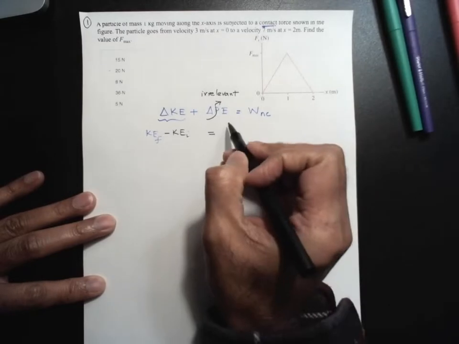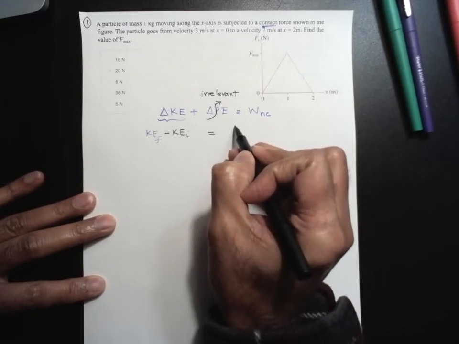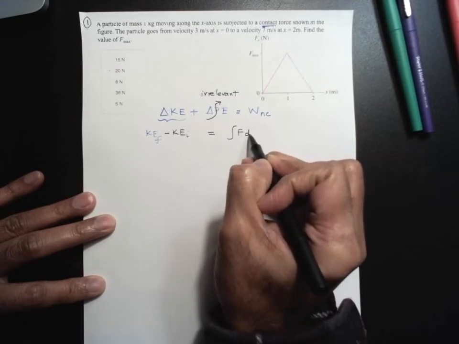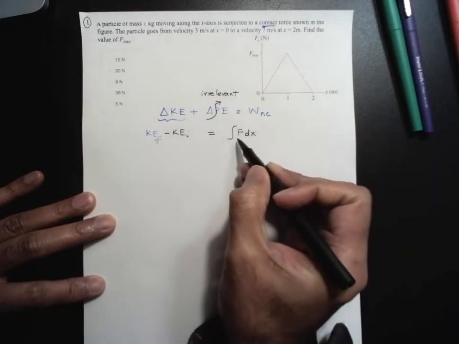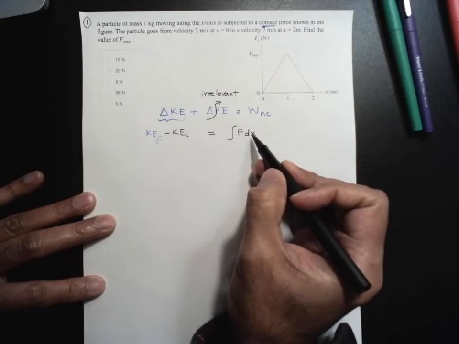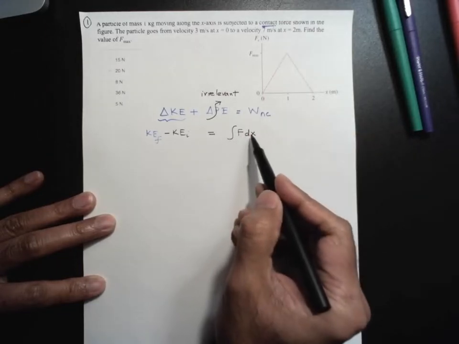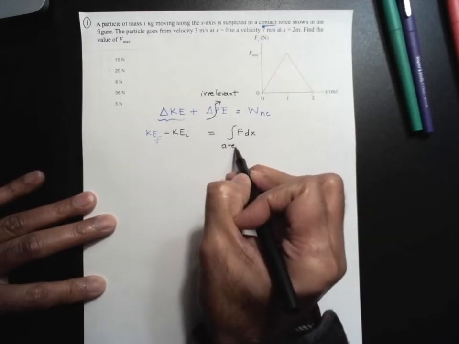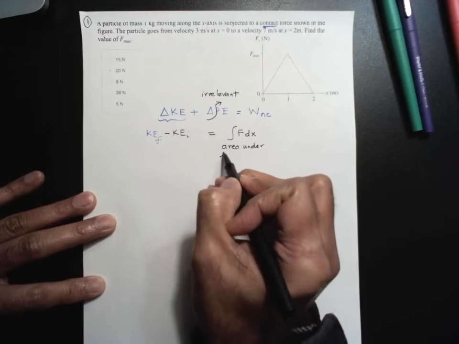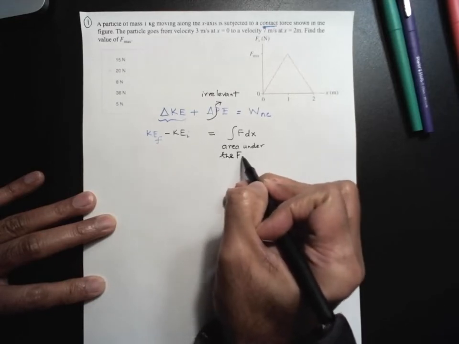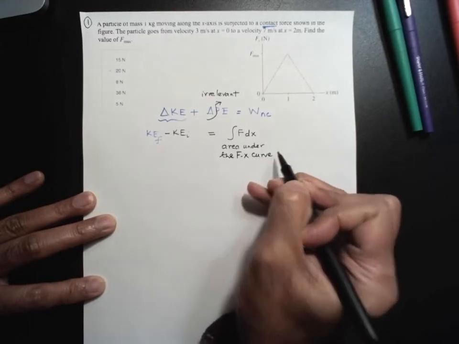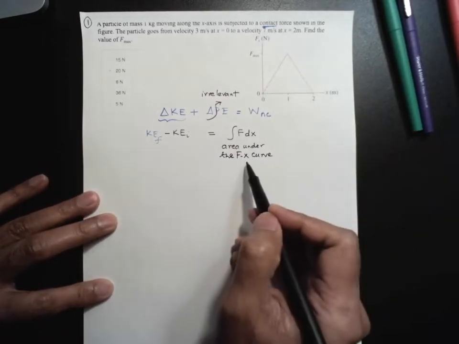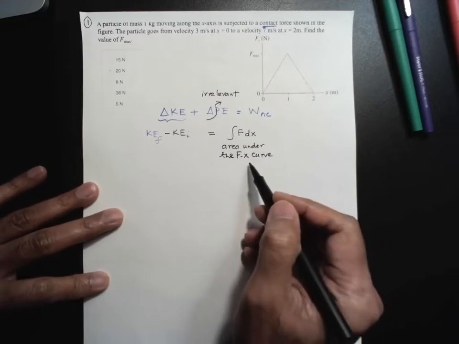The work done by the non-conservative force is the integral of F dot dx, and it's all one dimension. So the integral of F dx is the area under the Fx curve. X is the location, so the change in location is your displacement. So that's just the area under the Fx curve.